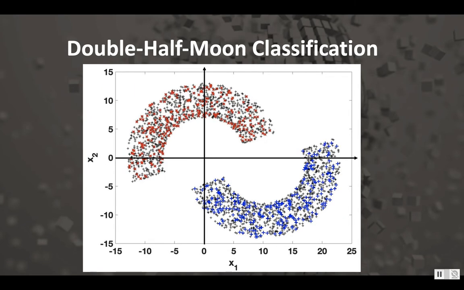Then we have a lot of other extra input stars, like all these black stars. From here, it's easy for us to tell that this black star belongs to the red group, and this black star belongs to the blue group.